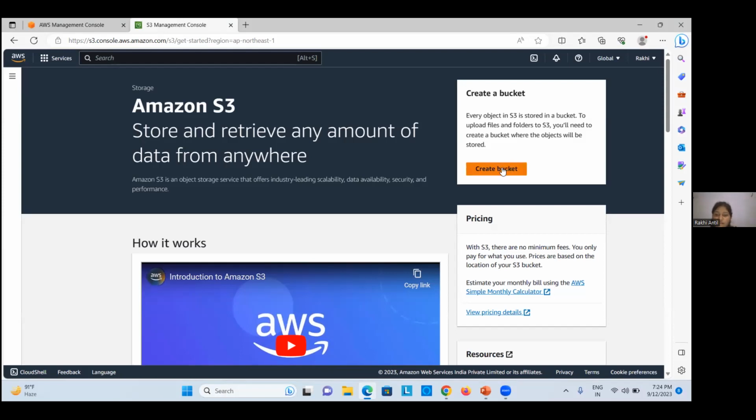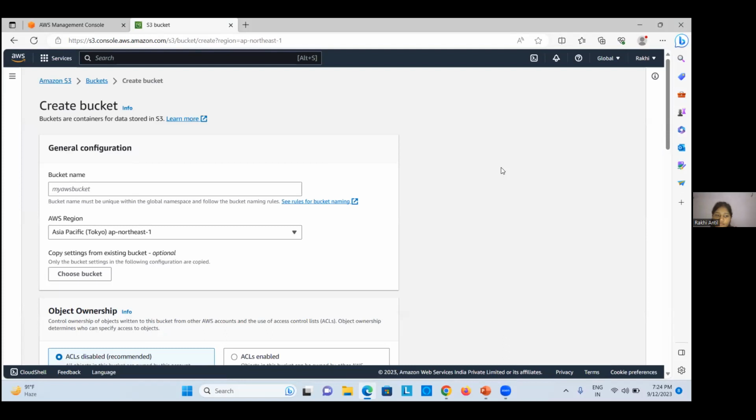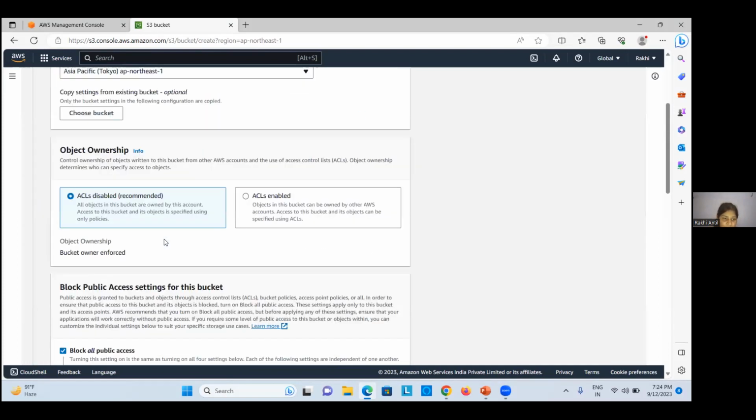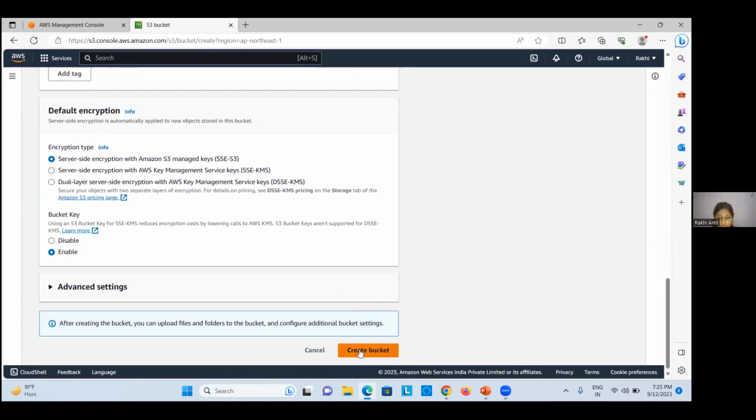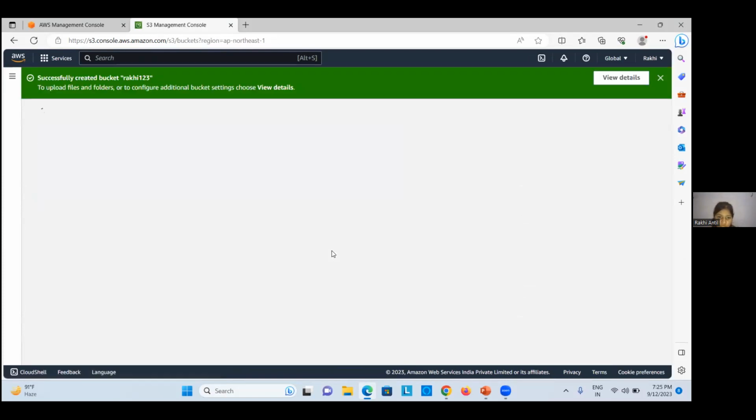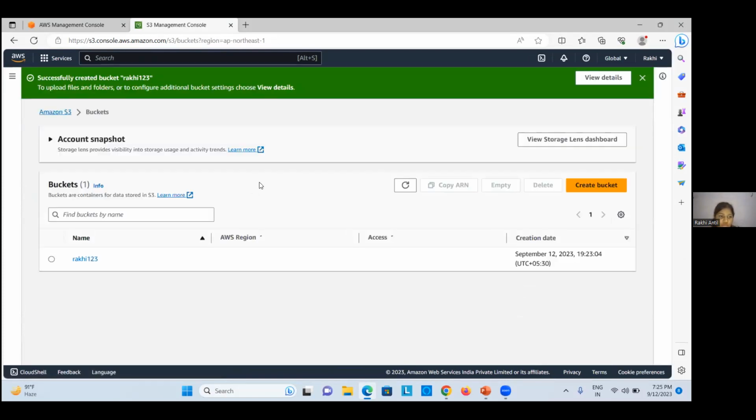So first is create bucket. Give a bucket name. The bucket name must be unique within the global namespace. Then choose the AWS region. Then create bucket. So the bucket is successfully created.